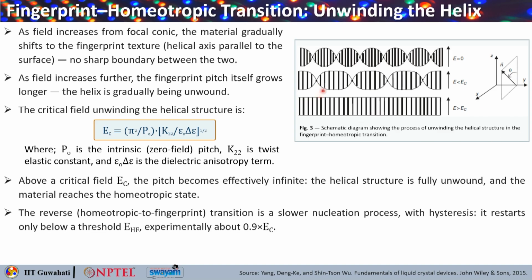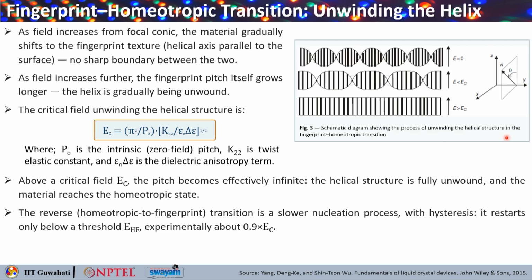Now the reverse, that is homeotropic to fingerprint transition, is a comparatively slower nucleation process with hysteresis. It restarts only below a threshold called EHF, and that is experimentally found to be around 0.9 times EC.